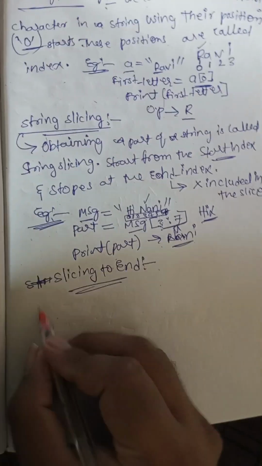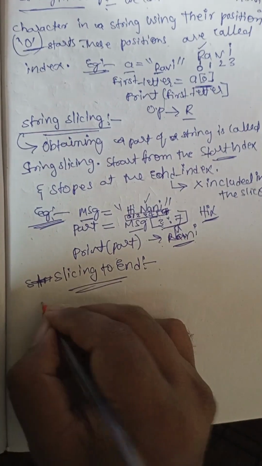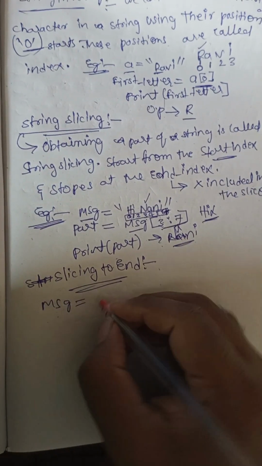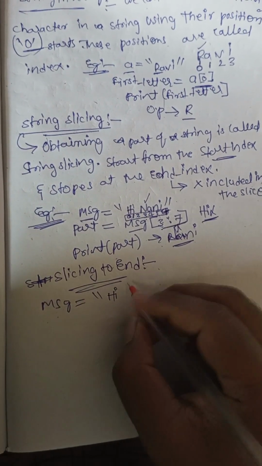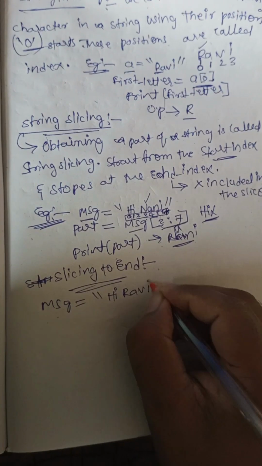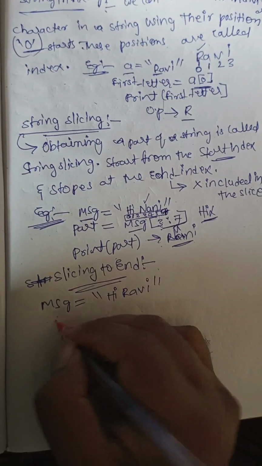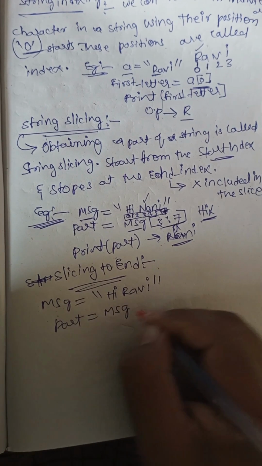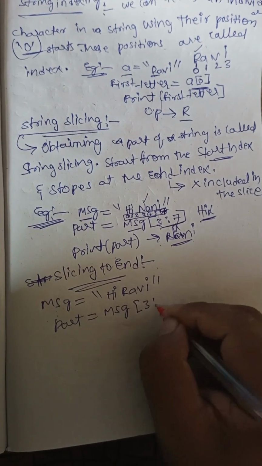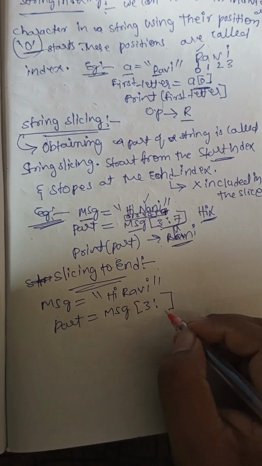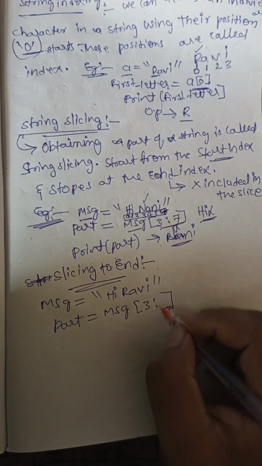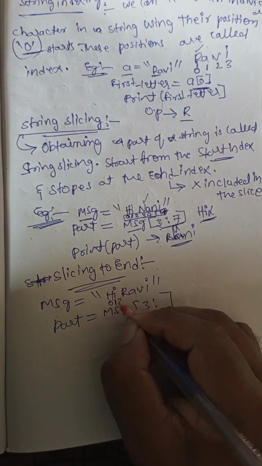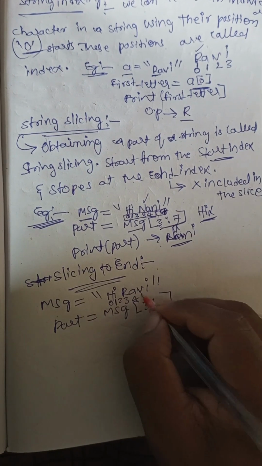Slicing. I'm taking the same example message, "hi Ravi". I am taking part of this message. I have to take from index 3 onward. Here I am marking the indices: 0 1 2 3 4 5 6.